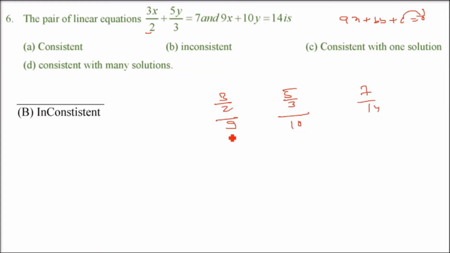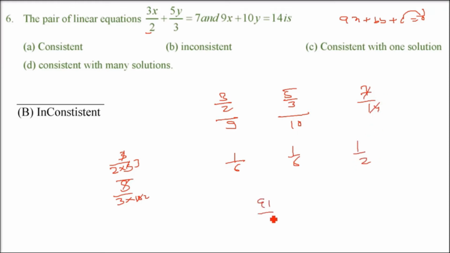Now what is this? 3 by 2 into 9, the 3 cancels, so this will be 1 by 6. This will also be 5 by 3 into 10, 5 goes into 10, 1 by 6 it is. And 7 by 14 is 1 by 2.